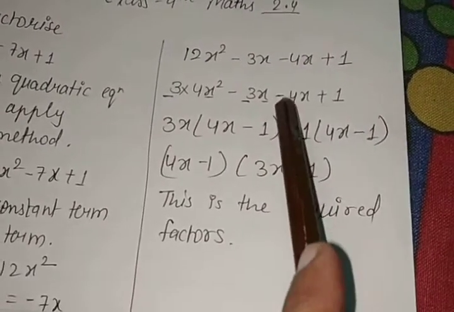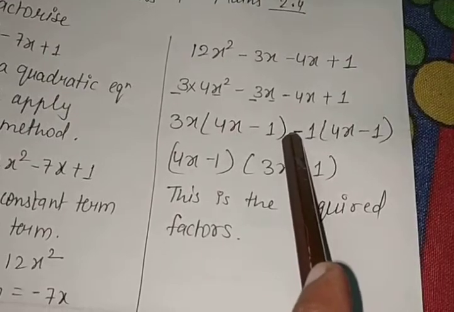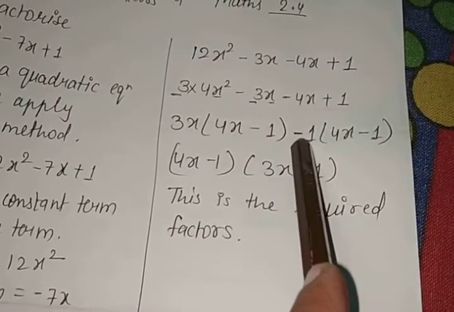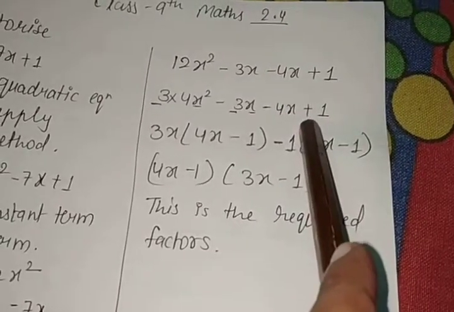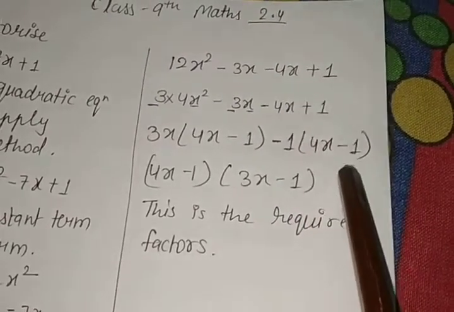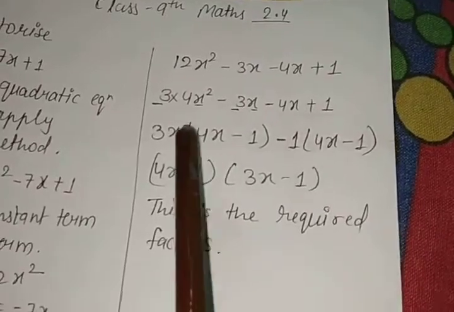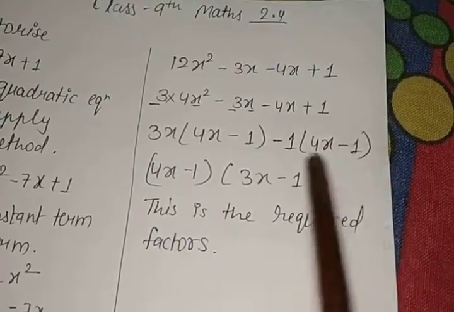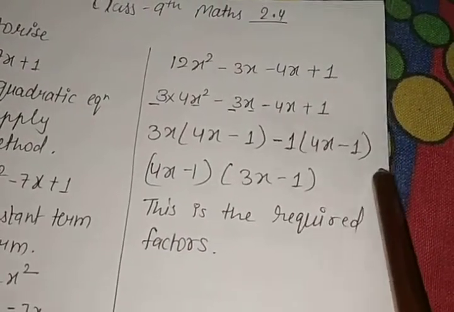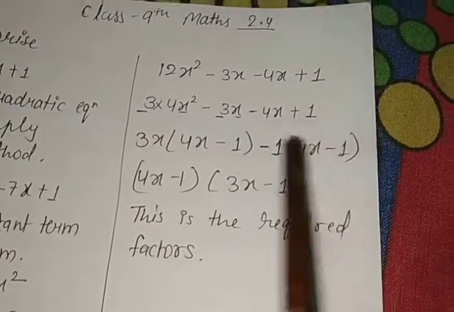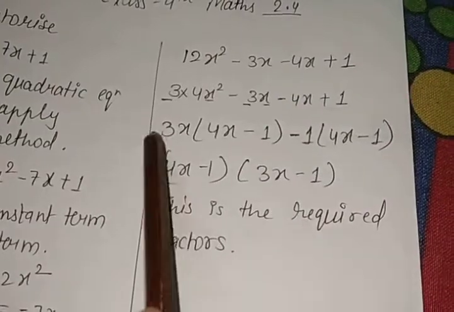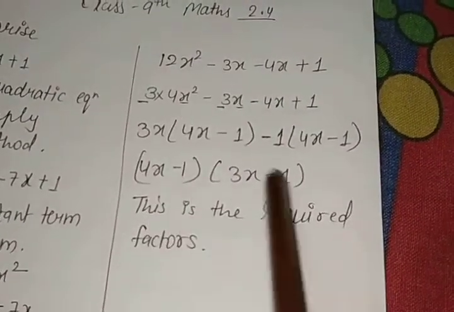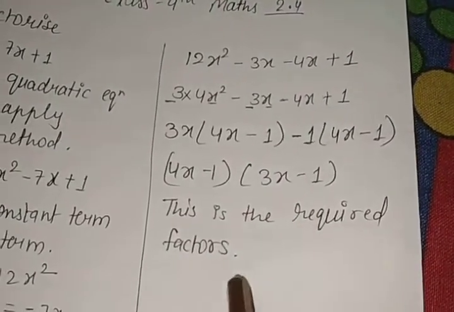Here we take minus 1 as common factor, so the internal sign will be changed, that means plus is converted to minus. So we can see that 4x minus 1 is common in the whole equation. So we take out 4x minus 1 as the common factor, and the remaining is 3x minus 1. These are the two factors which we required in this question.